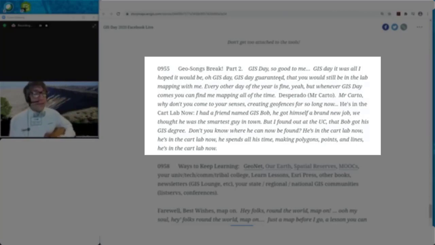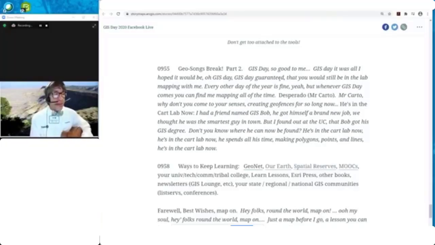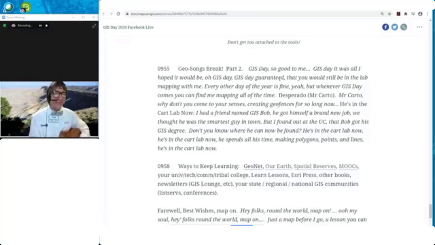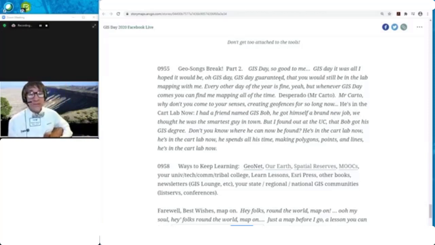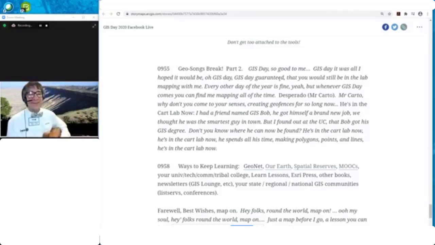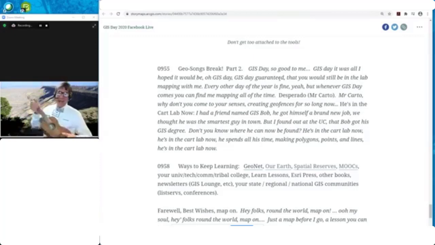But I found out at the UC that Bob got his GIS degree. Don't you know where he can now be found? He's in the CART lab now. He spends all his time making polygons, points, and lines. He's in the CART lab now.